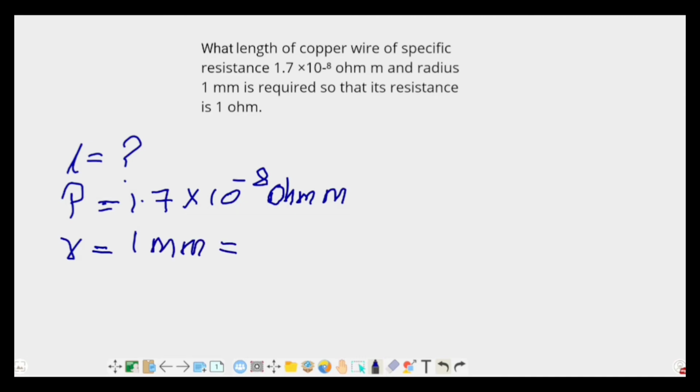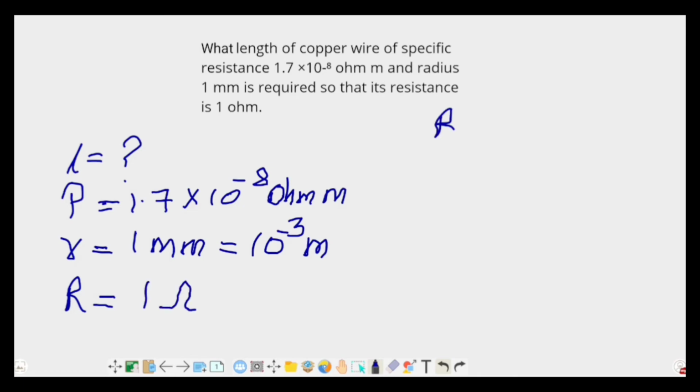You know 1 millimeter means 10 raised to minus 3 meter. You have to divide by 1000, that's why you'll get 10 raised to minus 3.